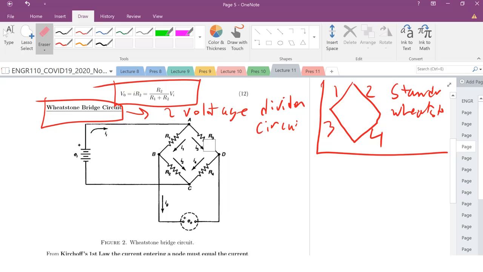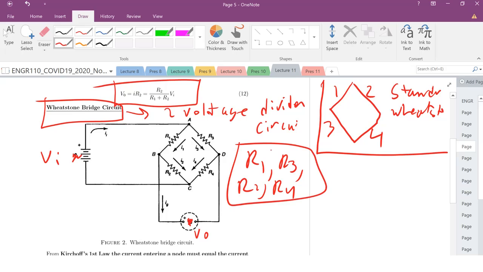So what are our unknowns here? Typically, we're going to know R1, R3, R2, and R4. But we have a lot of unknowns here. This is your output voltage, and this is your input, VI. We will typically know these values.